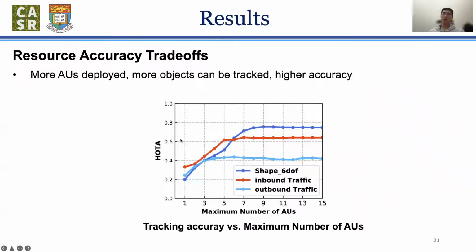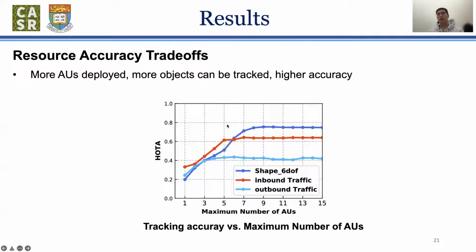In this slide, we show a very important resource-accuracy trade-off in our framework. Because our framework is targeted for multi-object tracking, if we embed more AUs on hardware, it's very likely you can track more potential objects and get higher accuracy. However, our hardware resource is constrained. We cannot embed a infinite number of AUs on hardware.